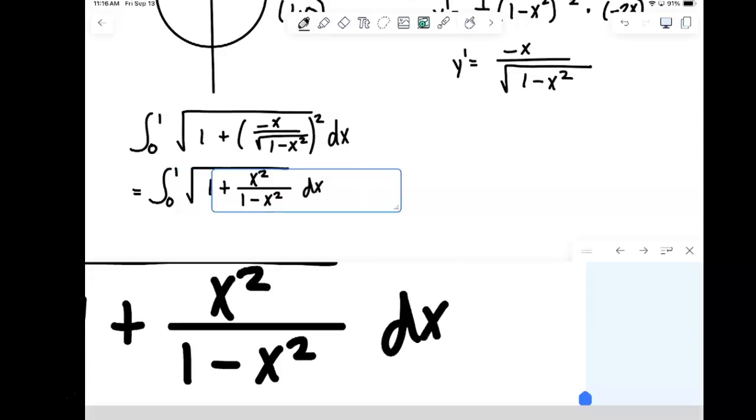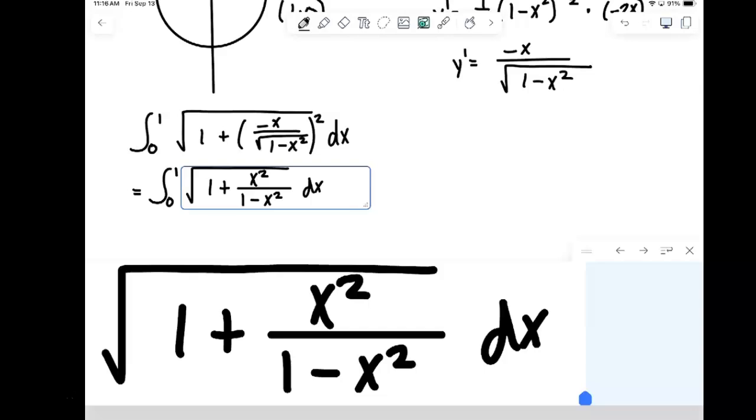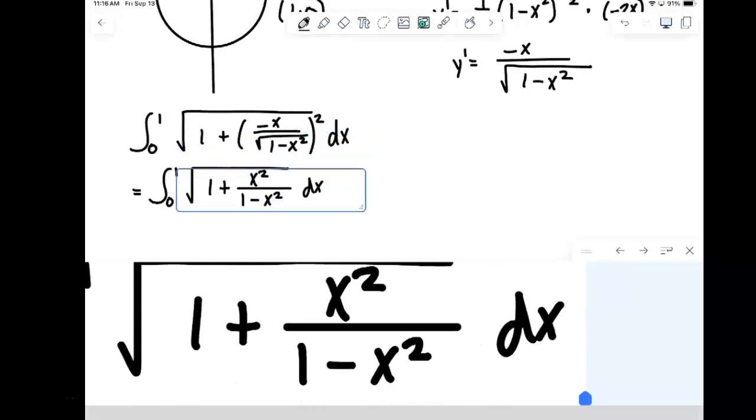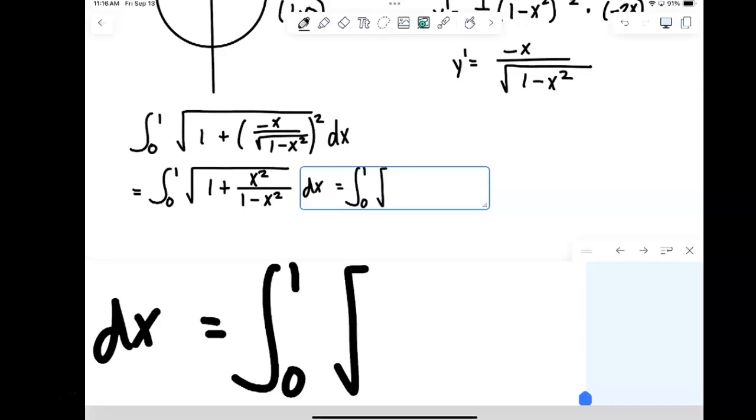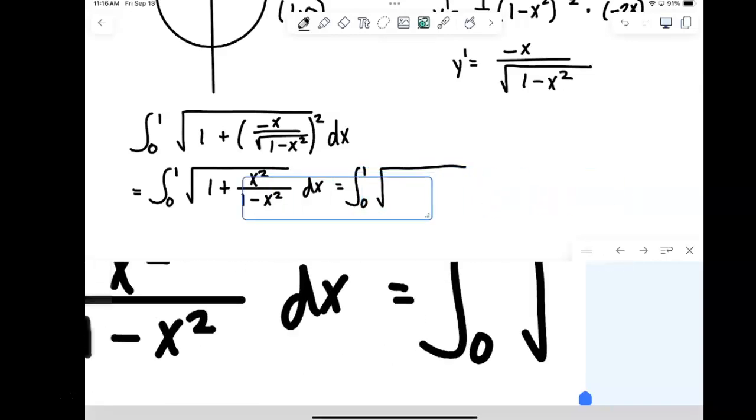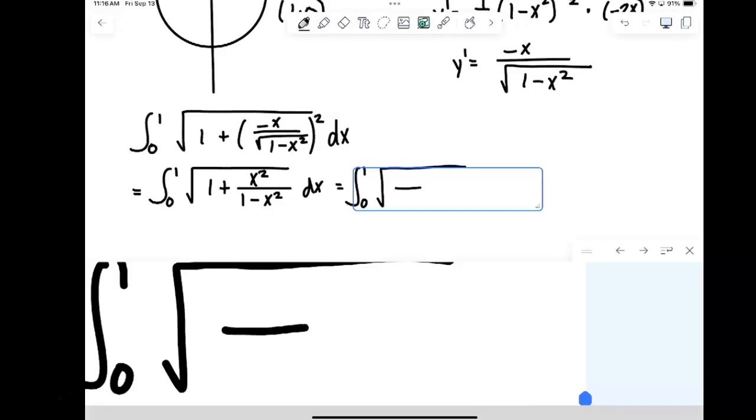And so to simplify further, I'm going to need to get a common denominator for the two things inside the square root. So continuing on, integral 0 to 1. When I get a common denominator, that is just going to be the 1 minus x squared.